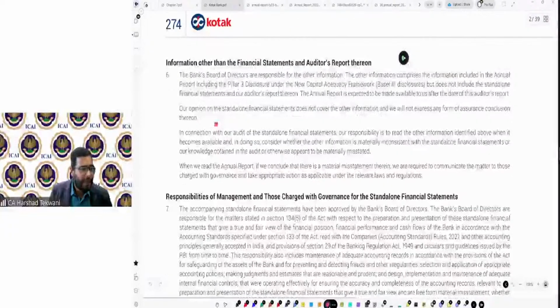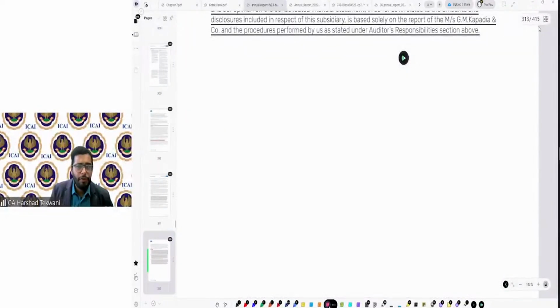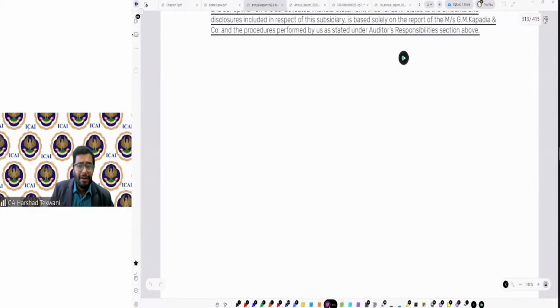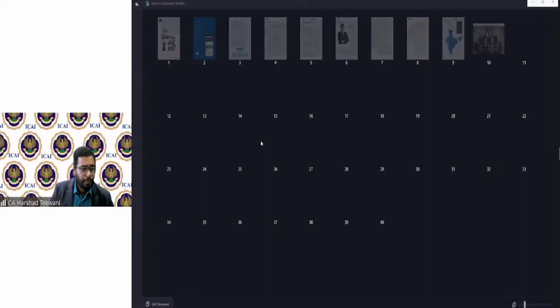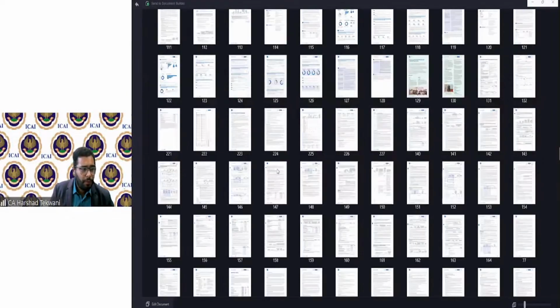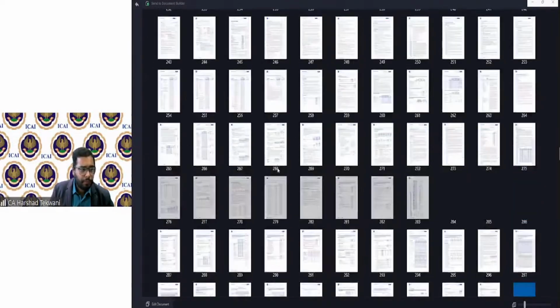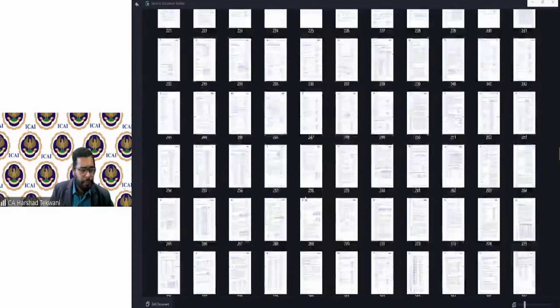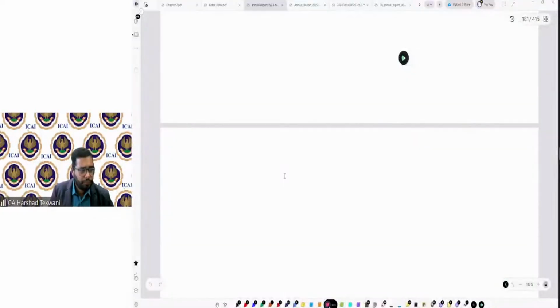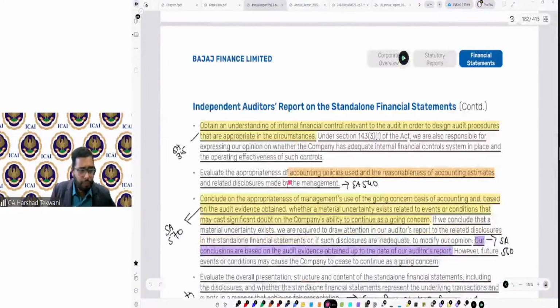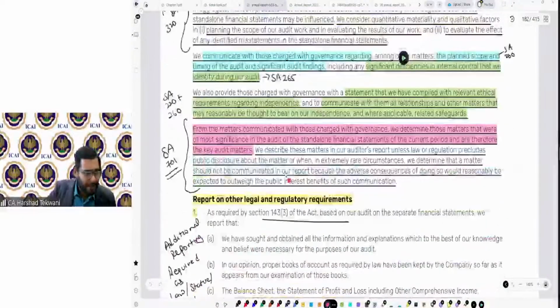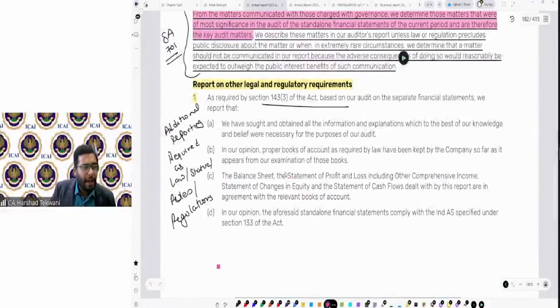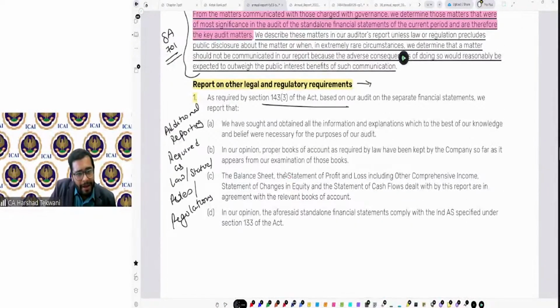There is a paragraph in the audit report which says reporting on other legal and regulatory requirements. This particular section of the audit report is something I want to discuss now.